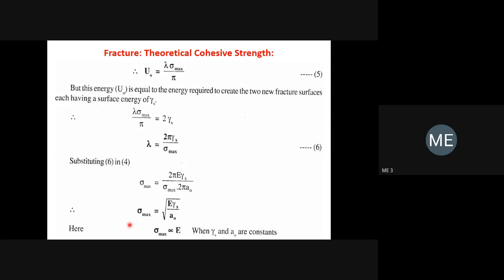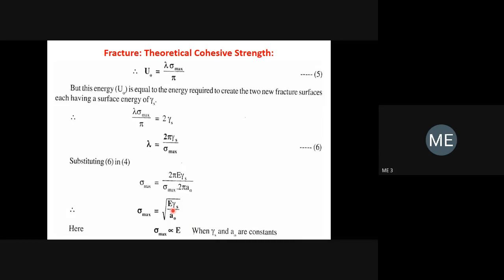Now if you see this equation, E is constant, gamma s is constant. The atomic distance is also constant. For steel, we know the atomic diameter in terms of angstrom. It may be 1 or 2 angstrom. So everything is known. Once you know that, we come to know the amount of energy required to break the bonding between the two atoms. That is a property of the material. If you consider steel, the amount of energy required for breaking the bond to fracture the surface is more because Young's modulus of steel is more.